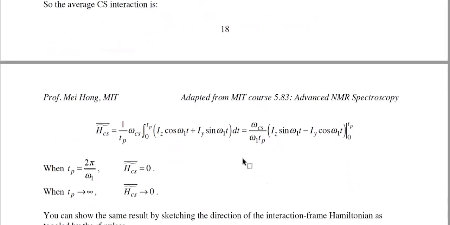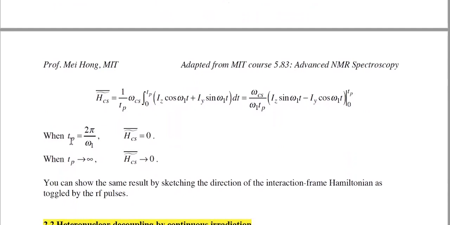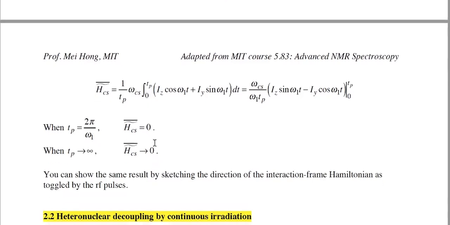This is the place you have to think about it a little bit. If my spin lock time is exactly equal to integer multiples of the inverse of the RF field strength, then no problem. My cosine and sine all average to 0, because these are cosine and sine of omega 1 t. So this is naturally 0.